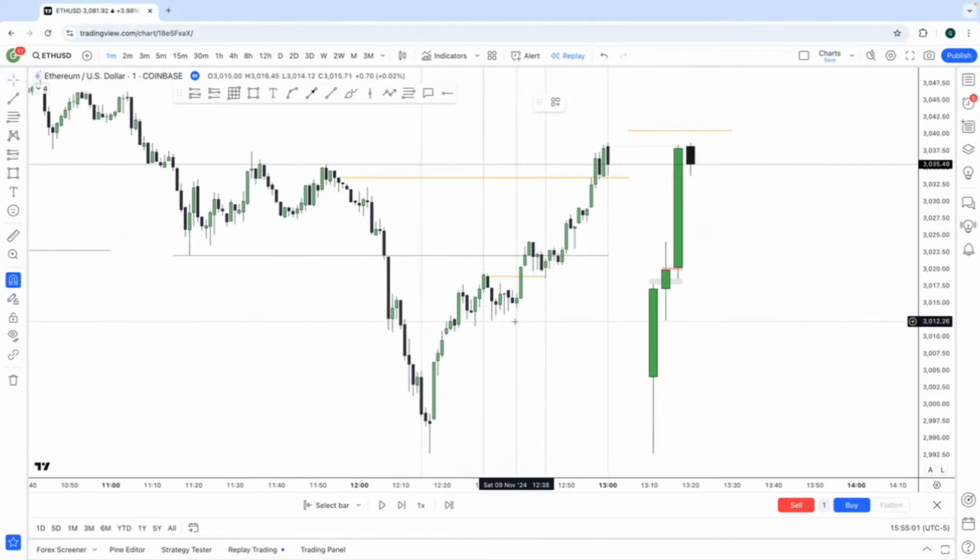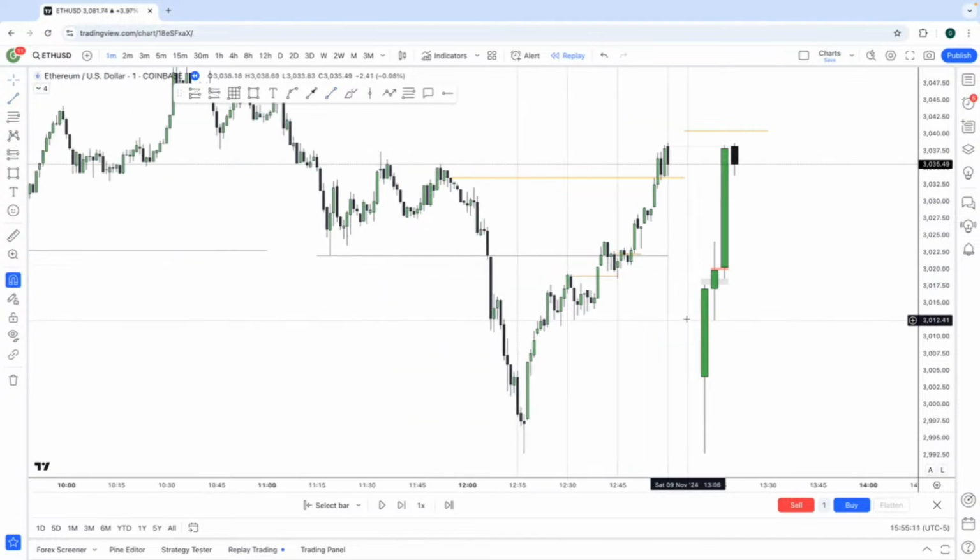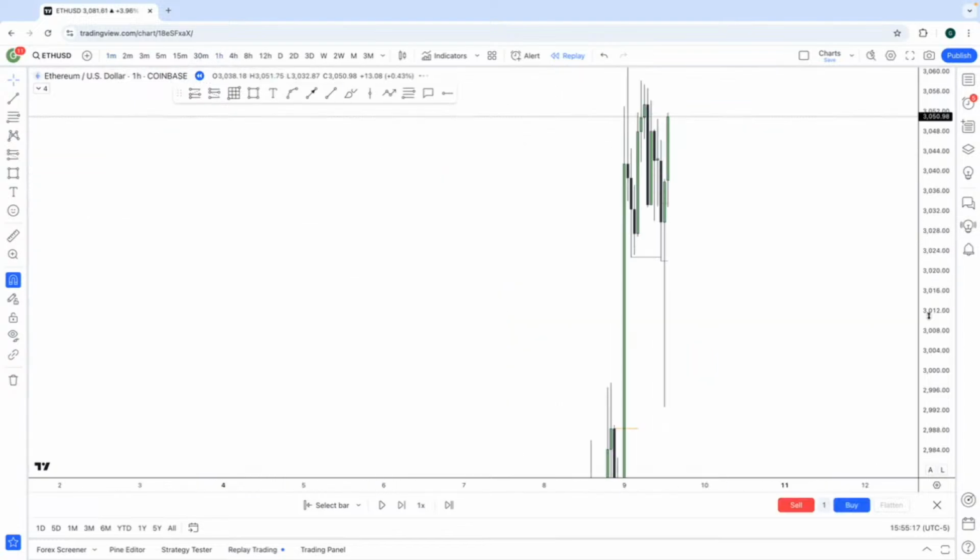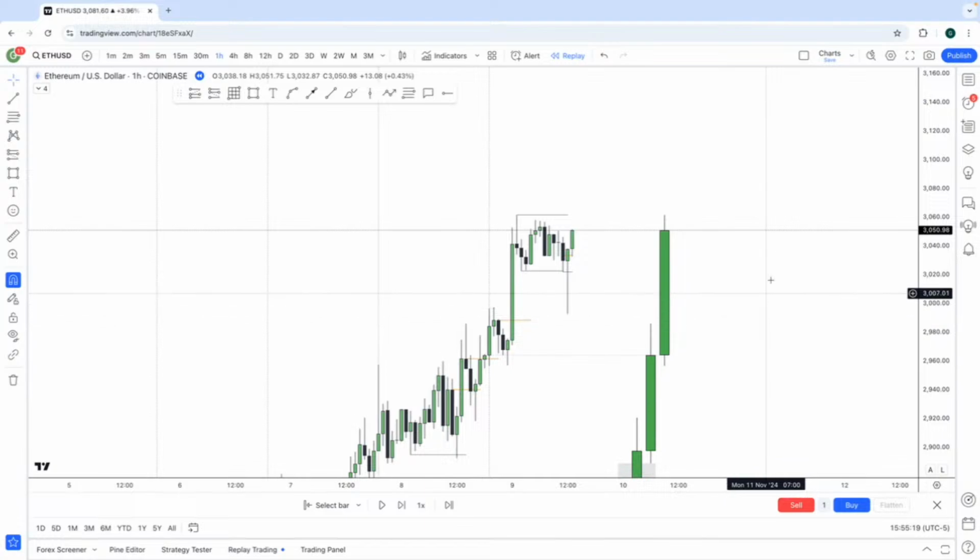There could be SMT here too. I don't know, but that would be nice as well. And yeah, you have the model right here, and you have another opposing candle. Does that make sense? But if you want to be more safe about it, you just wait for the hourly. It's literally all up to you.